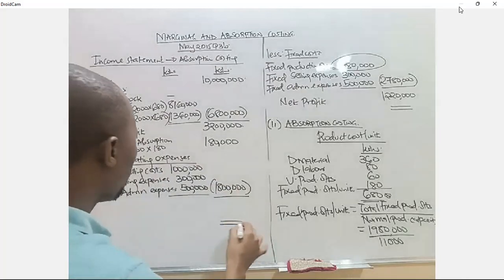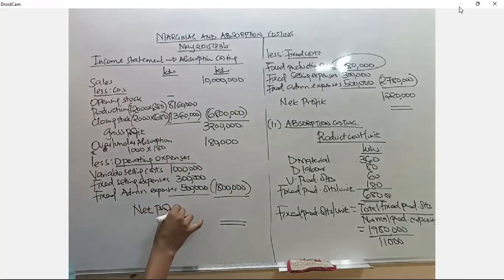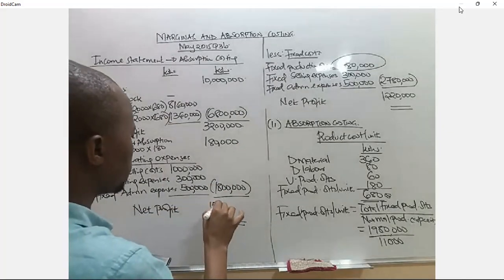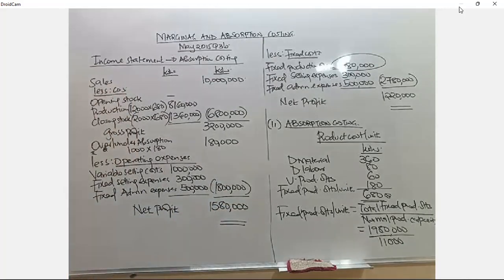What is your net profit here? The net profit will be 3.2 million minus 180, sorry, it should be plus 180. Then we subtract 1.8 million, getting 1,580,000. That is what you're supposed to be getting in the net profits.